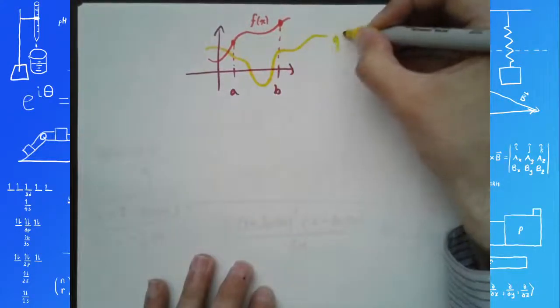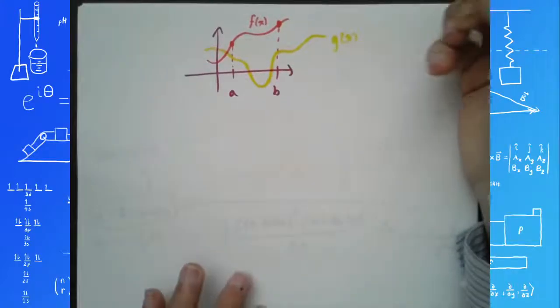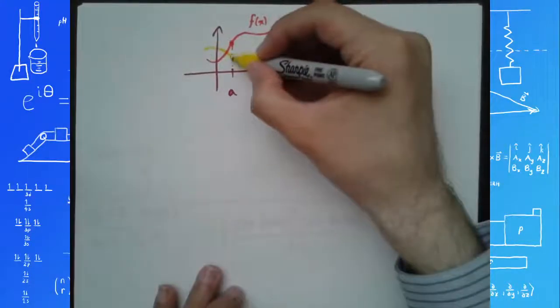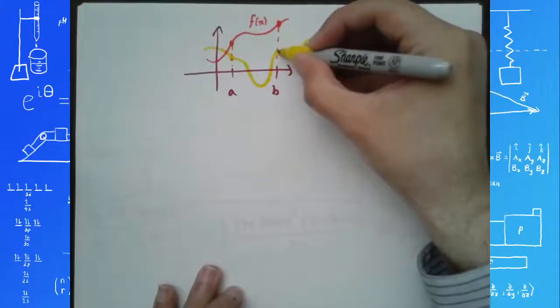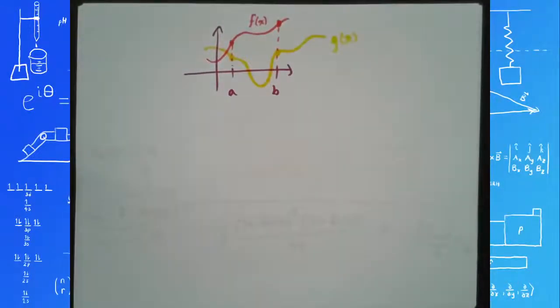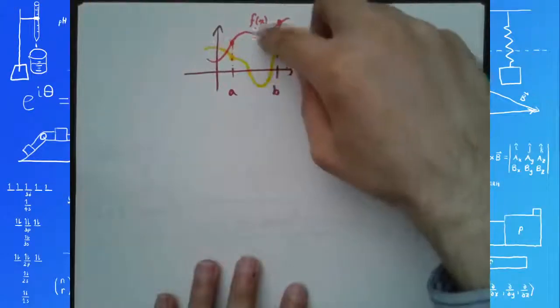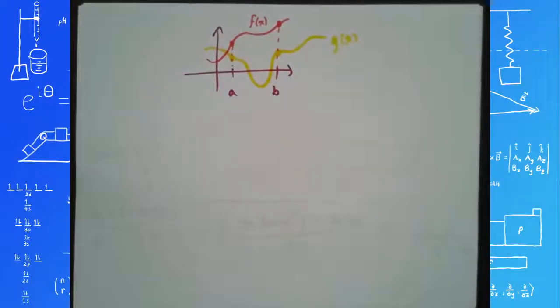So that's going to be g of x. And I want to figure out the area between those two curves. I want to figure out the area that falls between these curves like so.